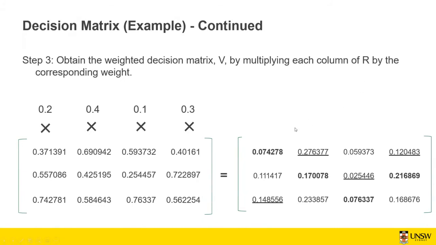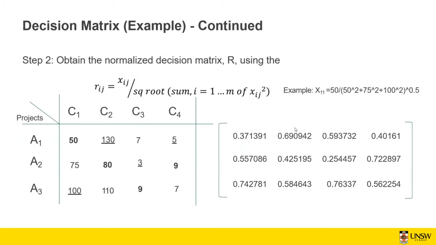So we got one question here: why don't we just multiply the numbers for a single project? The reason, as I mentioned, you cannot do that is because you have numbers in different ranges. Here, as you can see, for project A1, criteria 1 has 50, and criteria 4 has 5.